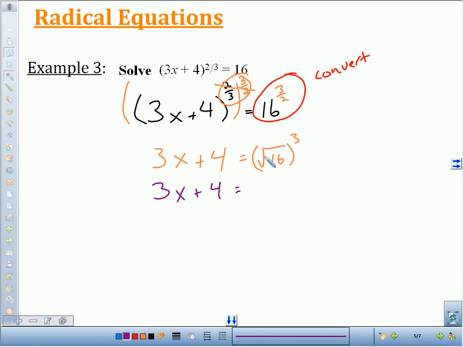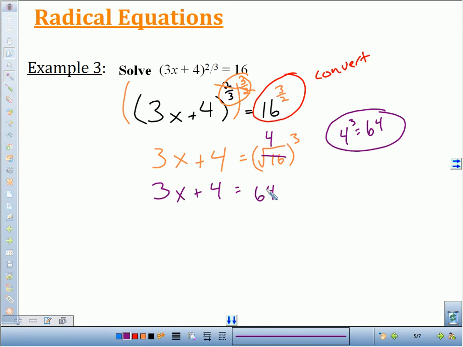The square root of 16 is 4. 4 to the 3rd power is 64. Right? 4 to the 3rd power is 64. So the square root of 16 to the 3rd power is 64.